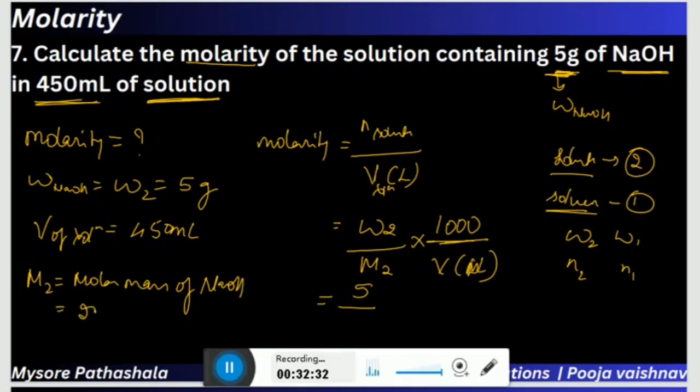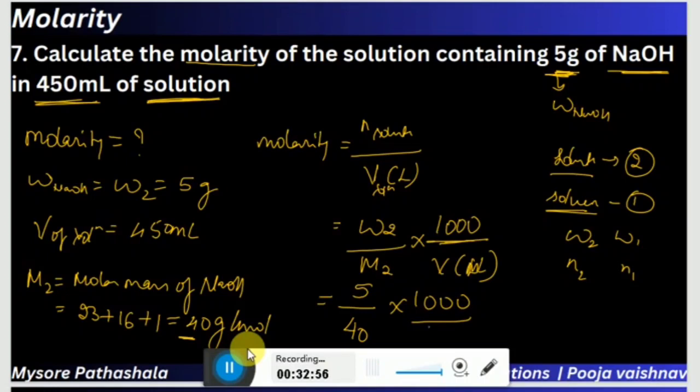Sodium 23, oxygen 16, hydrogen 1. So if we solve this, we are going to get the value 40 grams per mole. So we are going to write this one here, 40 into 1000 divided by volume, 450.